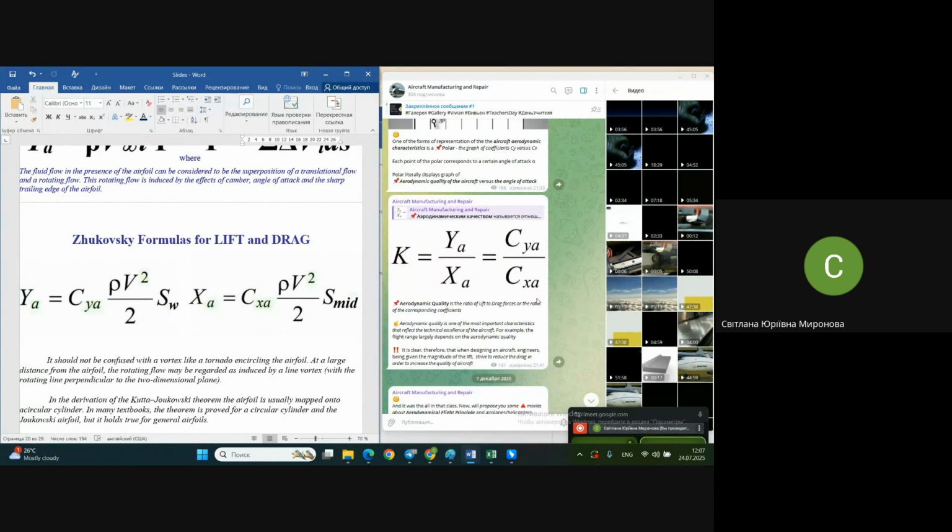Modern so-called maneuverable airplanes, usually military airplanes like fighters, attack airplanes, and so on, usually have this aerodynamical quality in the range from 15 to 20.